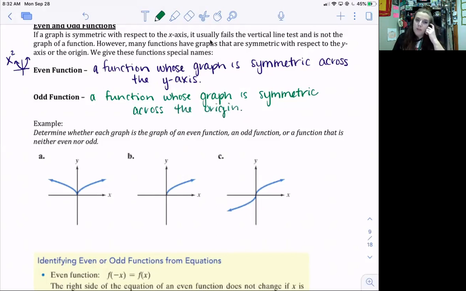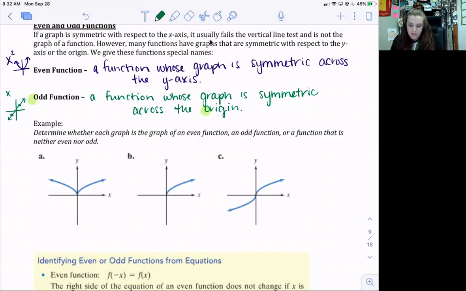A way to remember this: odd, origin, O and O. Another way to think about it is if we look at just x, we graph y equals x, we get a line, which is symmetric across the origin because at this point, if we change both signs, we get the positive side.